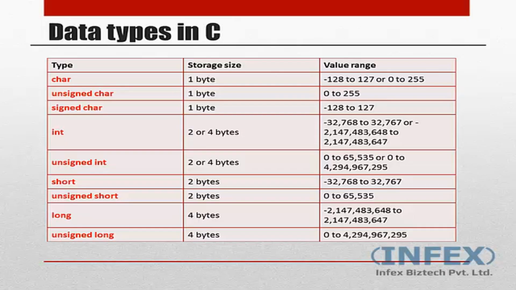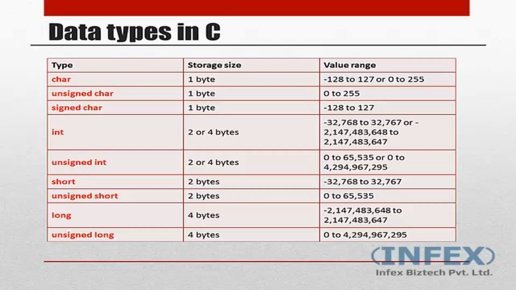Let's go to some basic types. Character. Its size is 1 byte and it contains the value range of -128 to 127 or 0 to 255. Unsigned character. Its storage size is 1 byte and its value range is 0 to 255.